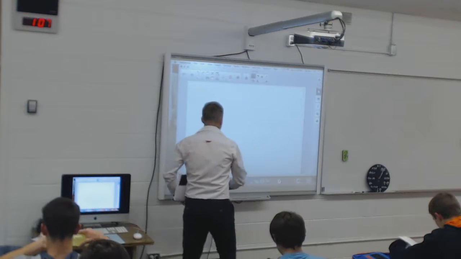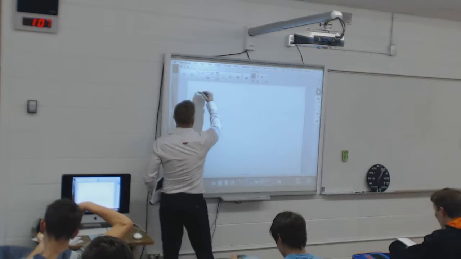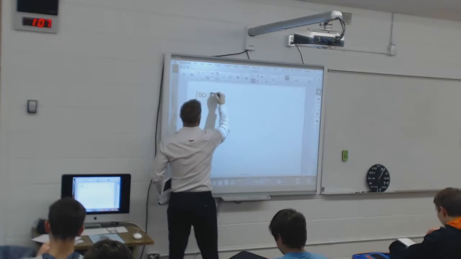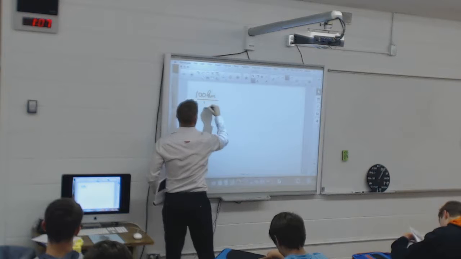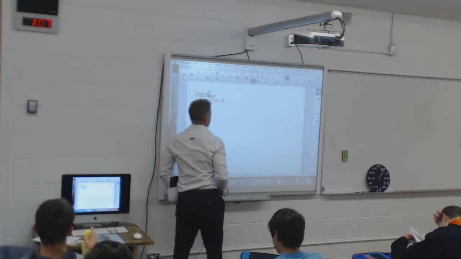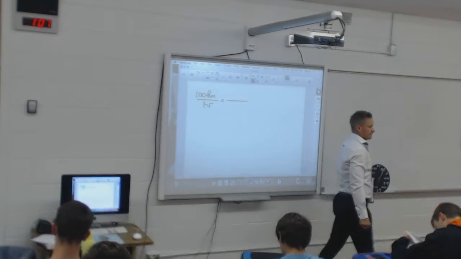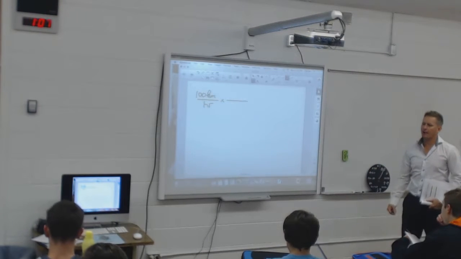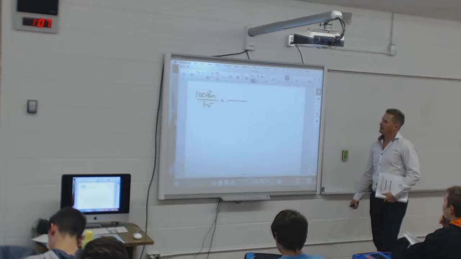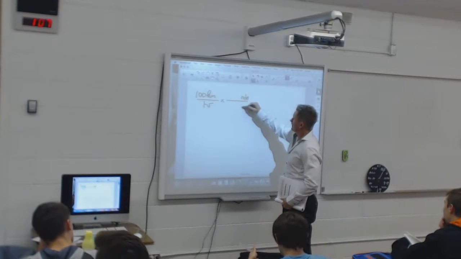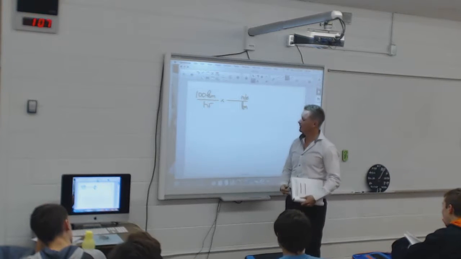So again, I say the most common one would be taking 100 kilometers per hour and having to change it to miles per hour. So in order to do that, I need to set up my proportion. Okay, so I want miles up here and kilometers down here.